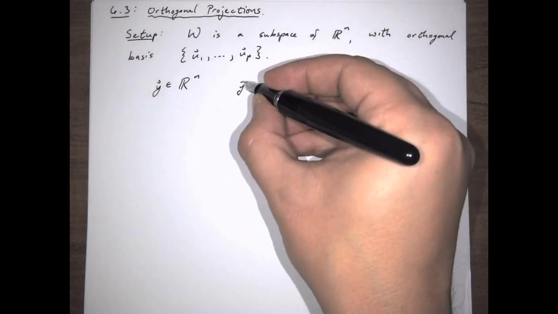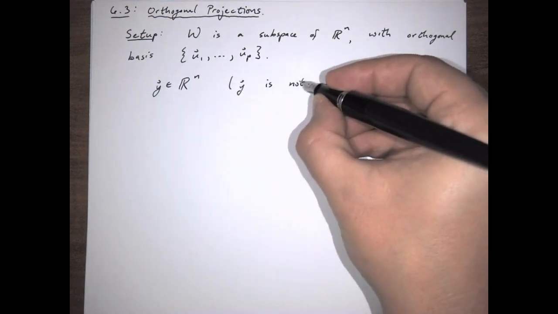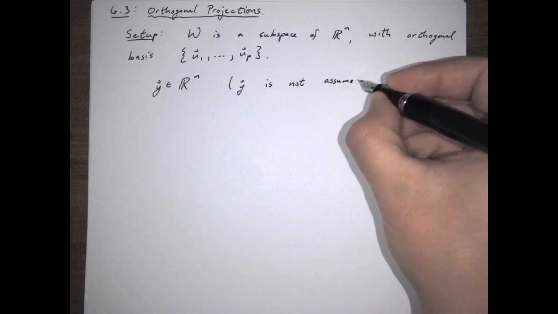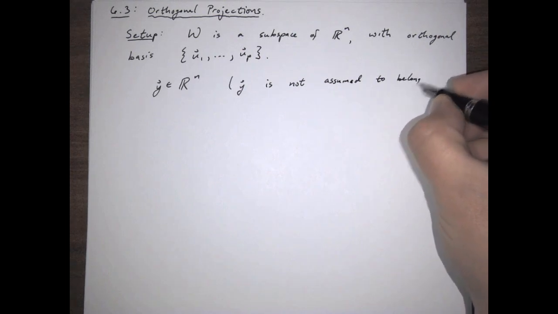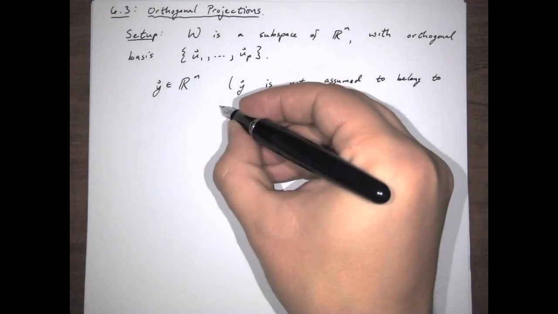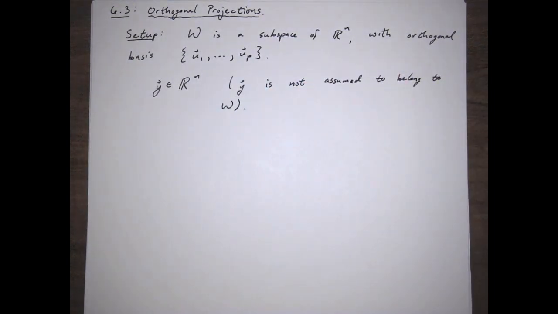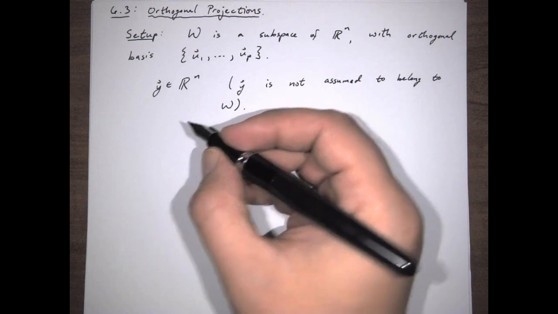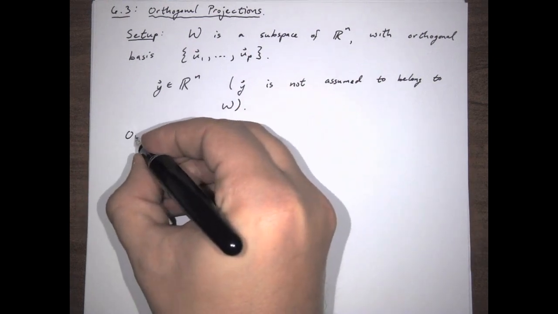So y is not assumed to belong to W, although it might. Now, here, what we're going to be exploring are the consequences of what is called the orthogonal decomposition theorem.